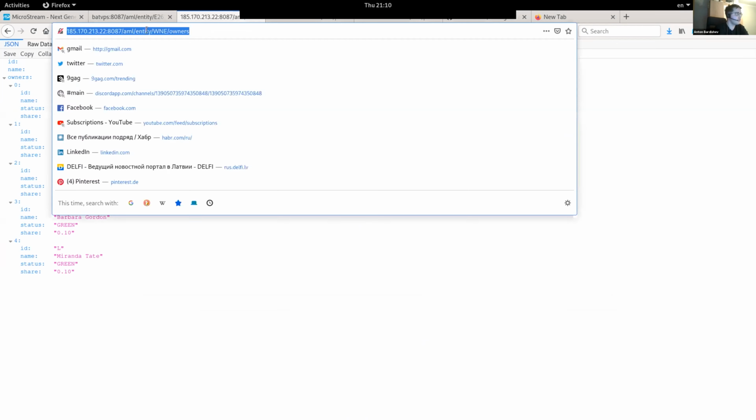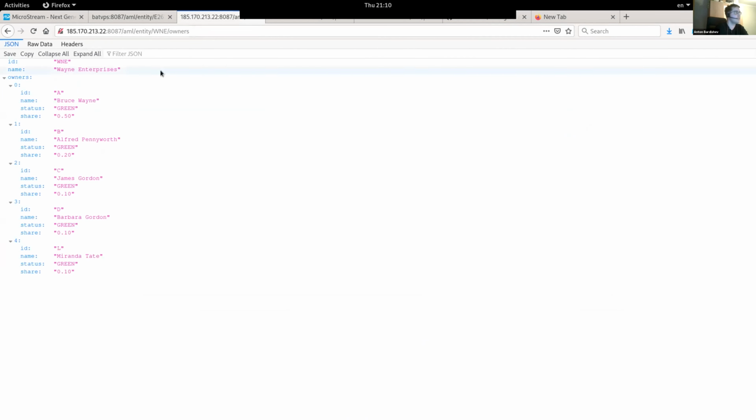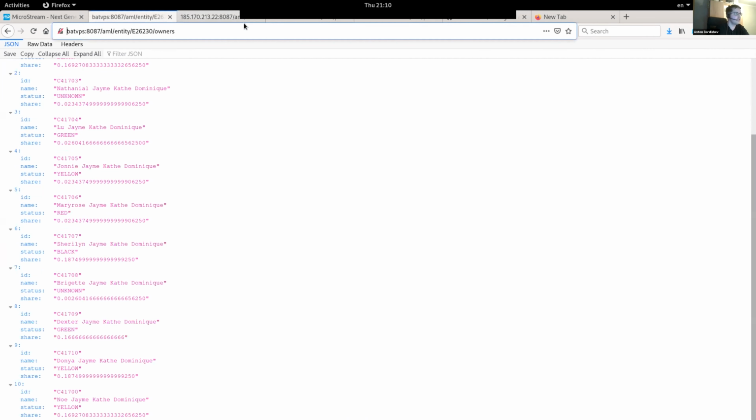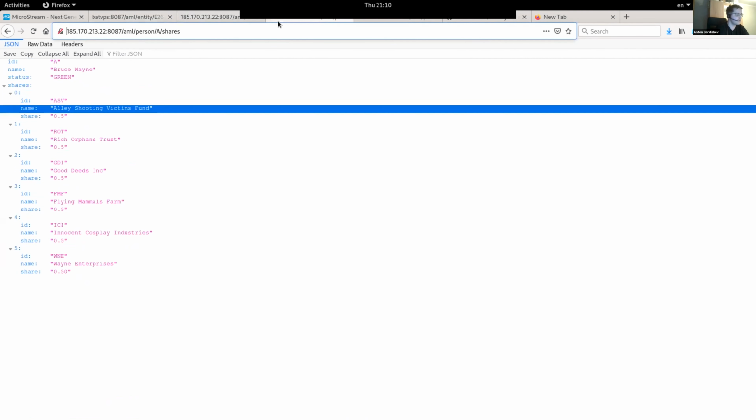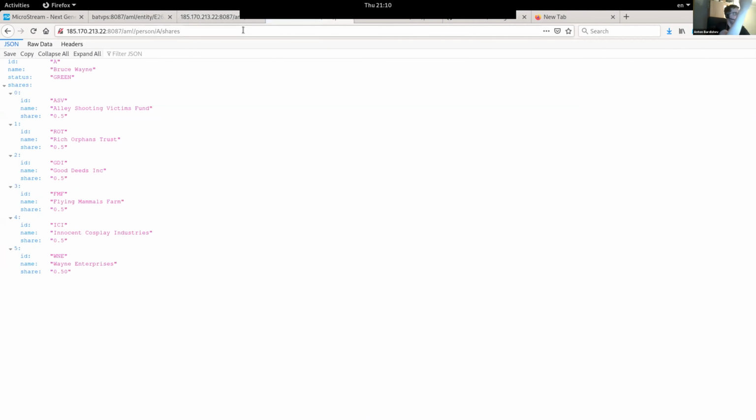So now you can actually go to my service and click and see, like, Wayne Enterprises, who controls it. We see that Bruce Wayne controls 50%, Alfred Butler controls 20%, and another person controls only 10%. Or maybe you can check what Bruce Wayne controls, and Bruce Wayne actually controls a bunch of trusts.